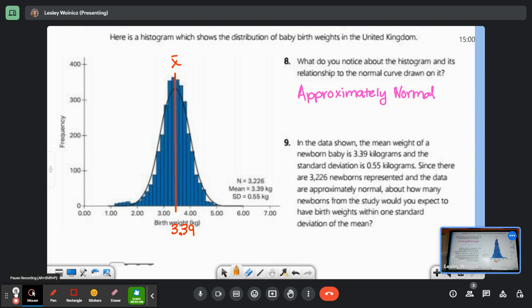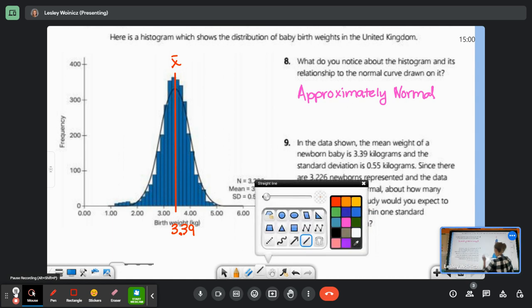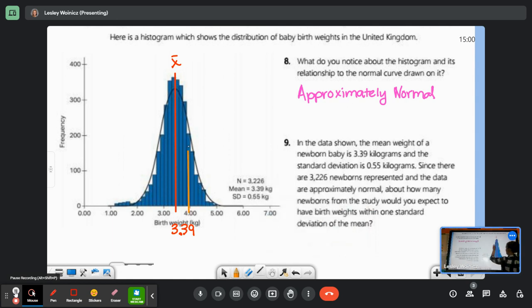What was it? 3.94? That one I'm going to do in orange. So this is plus sigma, and it's at 3.94. What if we subtract the 0.55 from 3.39?